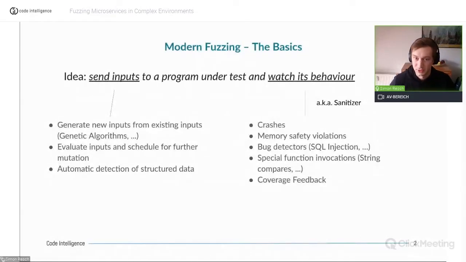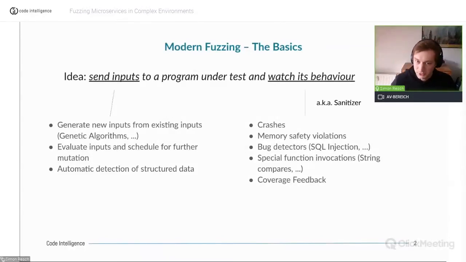Then what the fuzzer also usually does is keep track of special functions that have been called. A good example is when two strings are compared. You can note down the string that it's being compared to, and the fuzzer can use this to generate new inputs that might pass the string compare if it's happening inside an if statement.